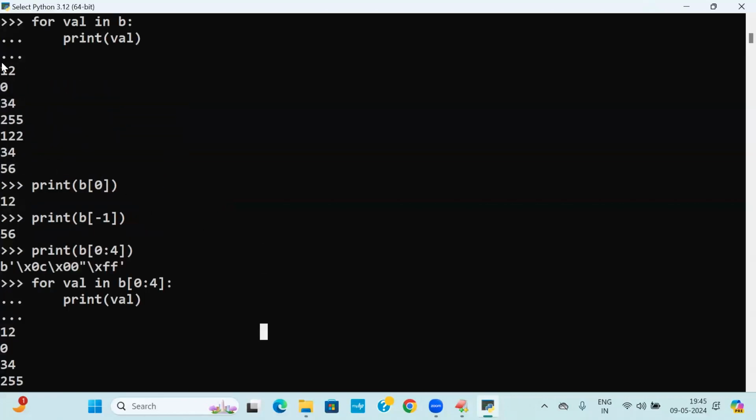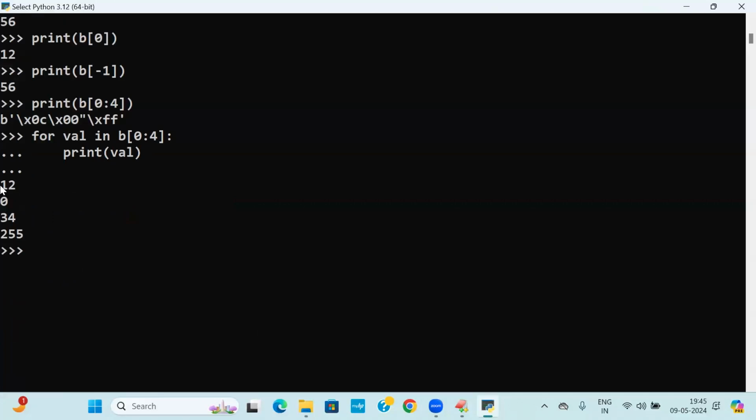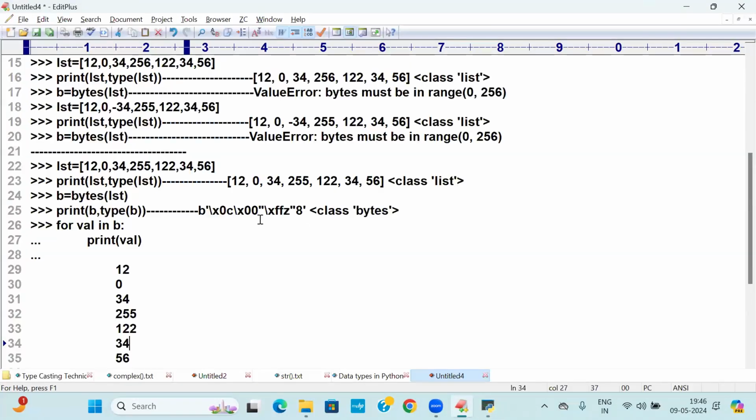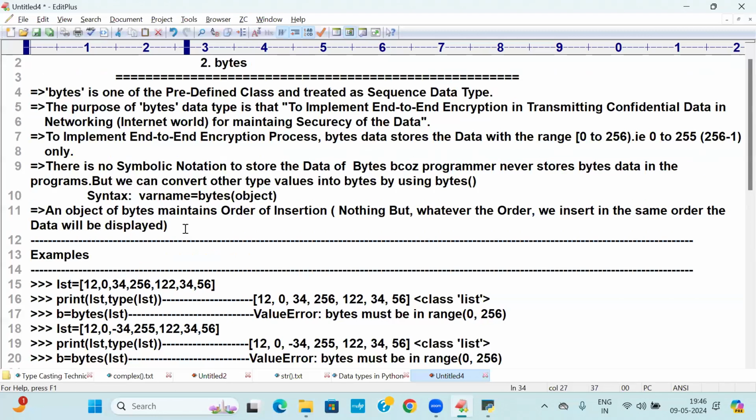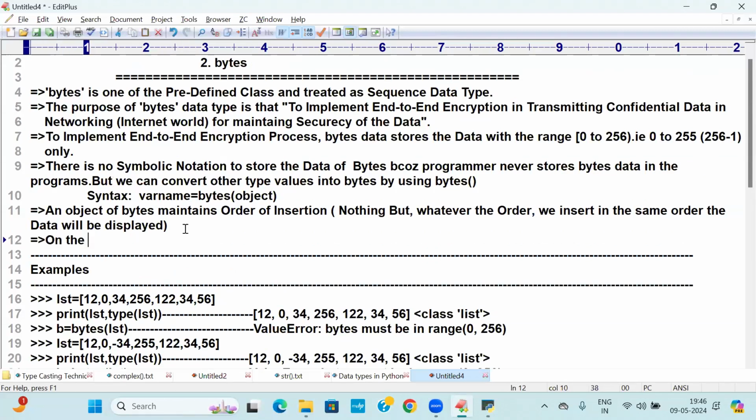Able to follow? That means on the object of bytes, we can perform both indexing and slicing operations.